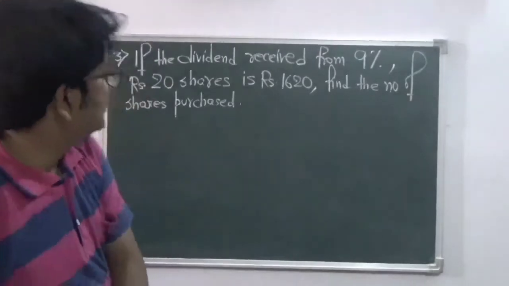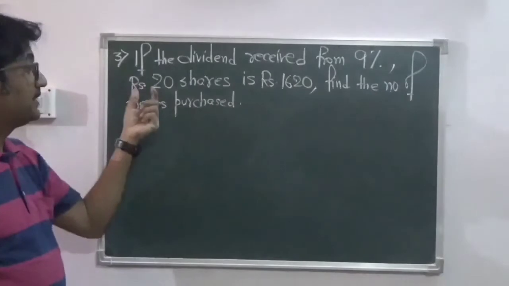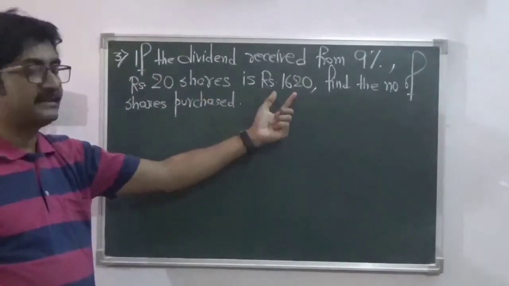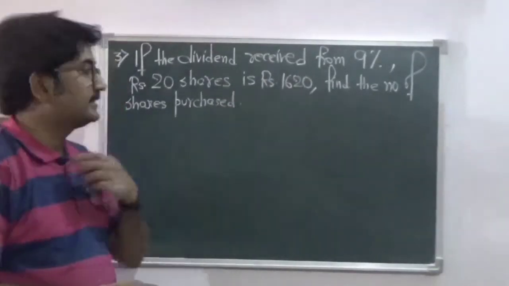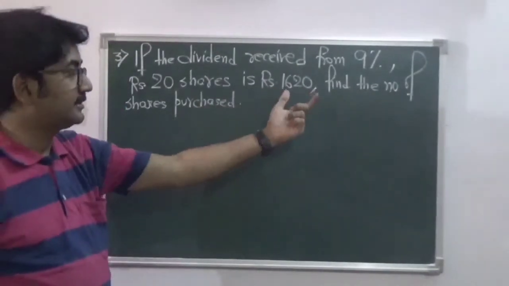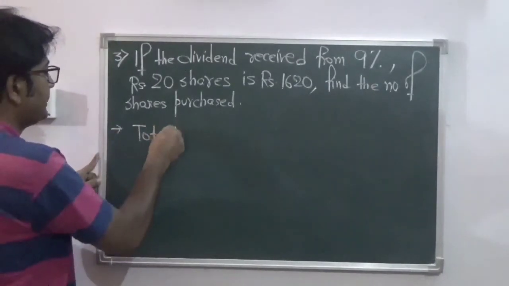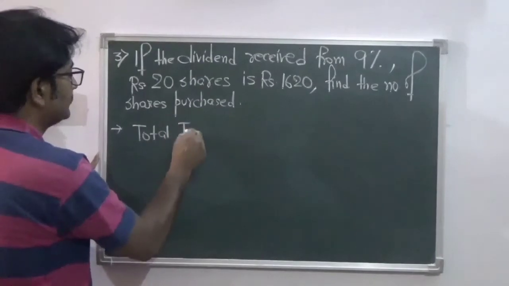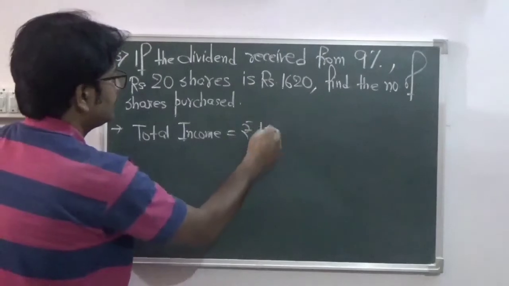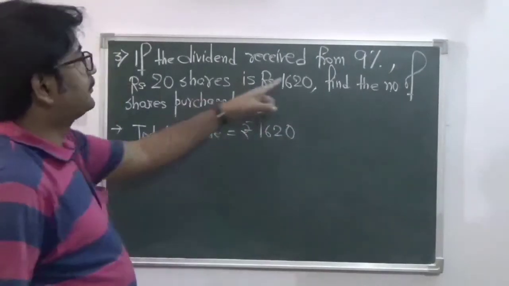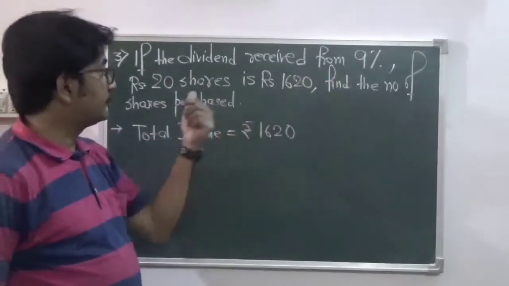So in this question, if the dividend received from 9% rupees 20 shares is rupees 1620, that means the total income is known to us, that is 1620. So here the total income or dividend is rupees 1620, received from 9% rupees 20 shares, that is 9% dividend on rupees 20.